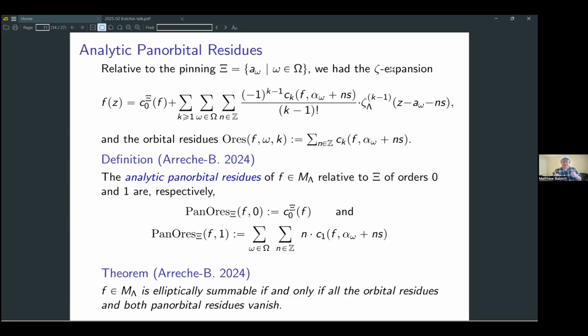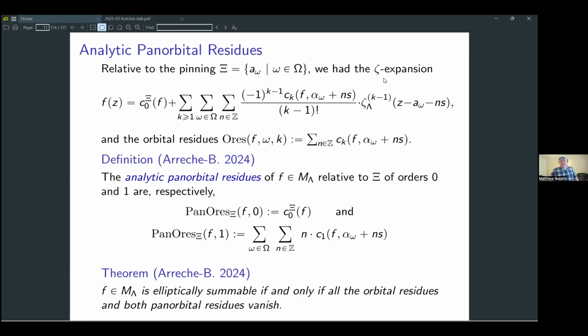which is great. But how do we make a computer do it, right? Presumably, we would want to be able to compute these sorts of things, right? The pan-orbital residue isn't so bad. It's from the zeta expression, but it's also from the local expansions of your function. But C0 psi of f is a mystery, right?